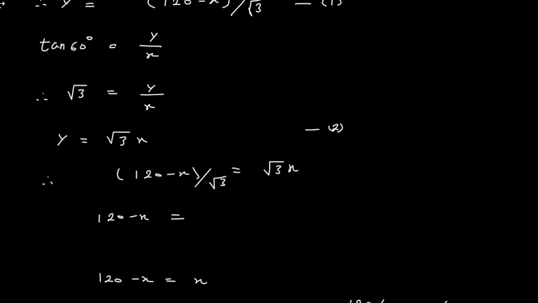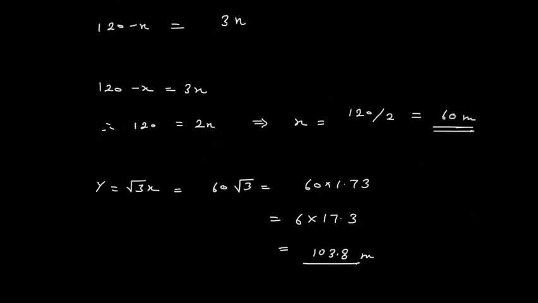So it will be root 3 into root 3, so it will be 3 times x. Then here I say that 4 times x is 120. This is not 2 times, this is 4 times x. So x will be 120 divided by 4, which is 30 meter.